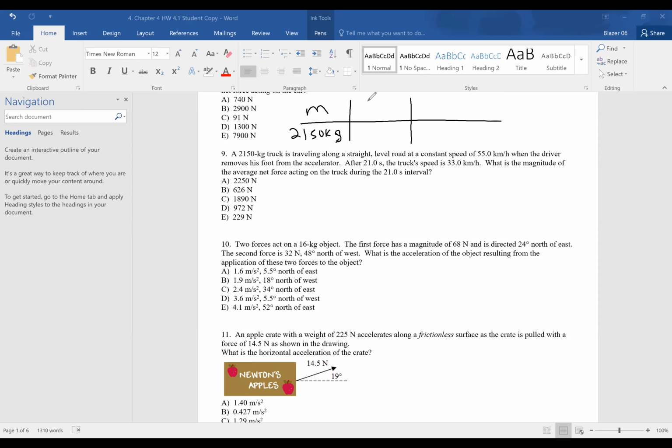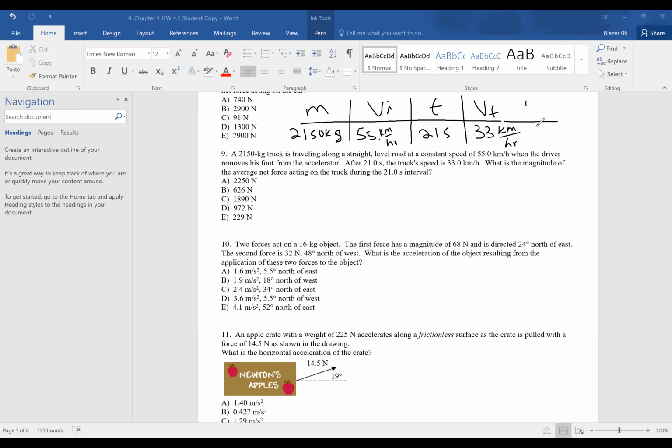So my initial speed is 55 kilometers per hour. When the driver removes his foot from the accelerator, after 21 seconds, that's my time, the truck speed is 33 kilometers per hour. So the speed has now reduced to 33 kilometers per hour. What is the magnitude of the average net force?